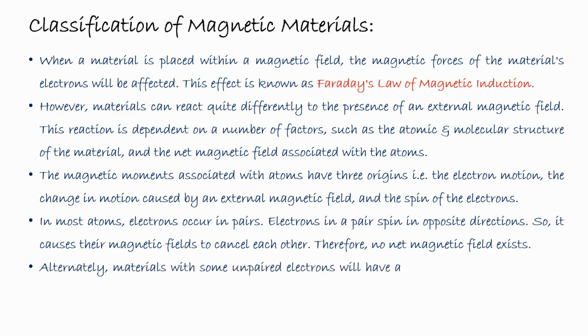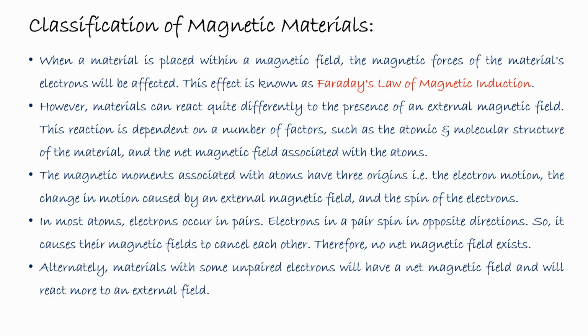Alternately, a material with some unpaired electrons will have a net magnetic field and will react more to the external field. Materials that have the property of magnetism, that can be easily magnetized or affected by a magnetic field, have unpaired electrons within them.